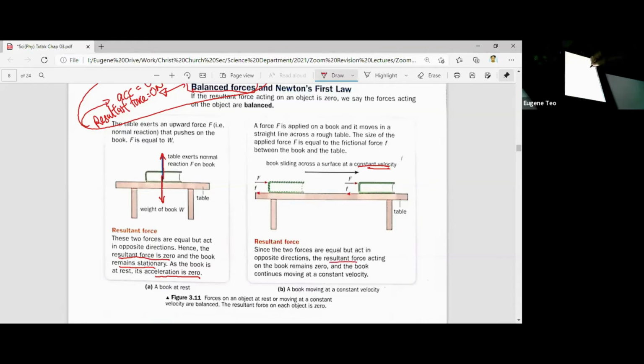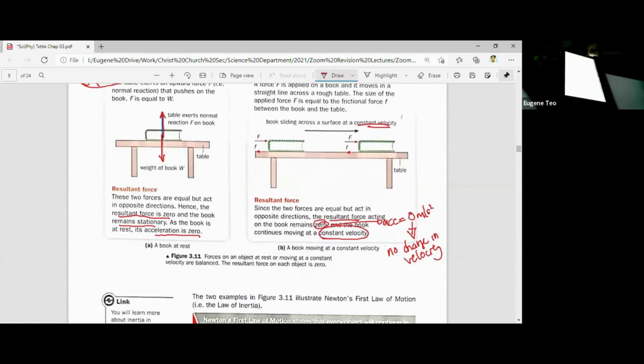What we realize is that the resultant force is 0. And if the resultant force is 0, the acceleration will also be 0. If the acceleration is 0, it means that the book will continue to move at a constant velocity. Why? Because if acceleration is 0, there's no change in velocity.